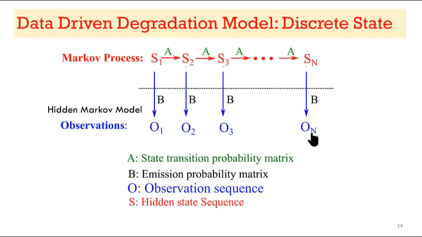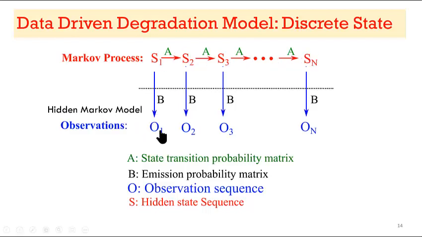In the discrete case, you can have a Markov process. You divide the degradation into different states. So in this case, S1, S2, S3 denote the different states of degradation, and A is the transition matrix when the system is going from state 1 to state 2. If you are not able to observe these states directly, we can use a hidden Markov model.